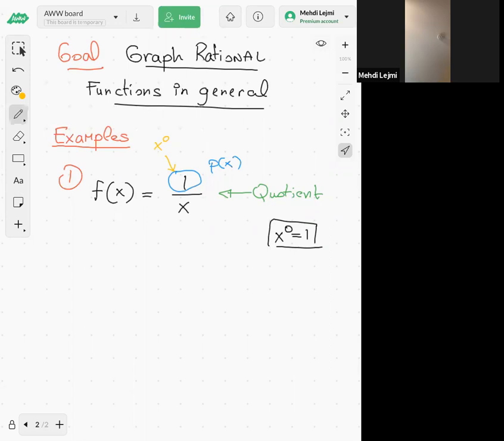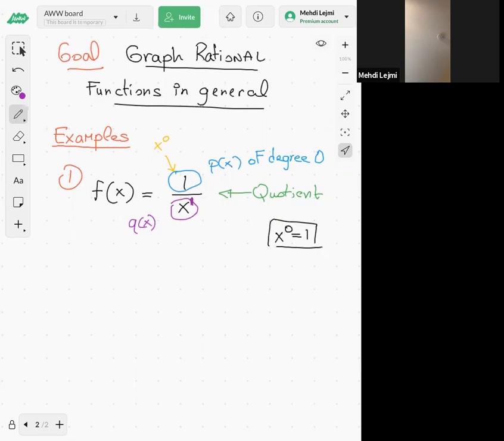So p of x has degree 0. And the denominator, that's my q of x. What will be the degree of q of x? What's the highest power of x? Well, this is like x to the power 1 here.